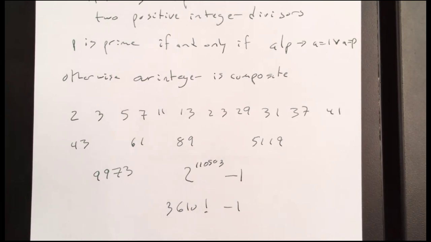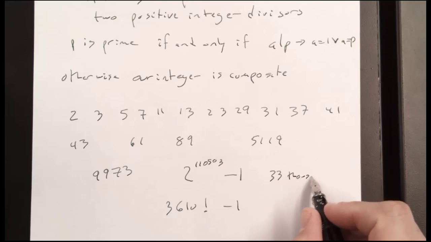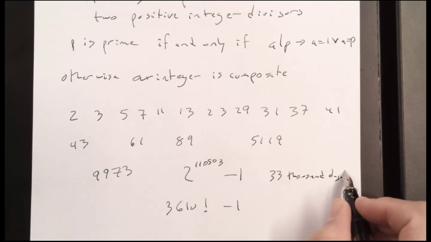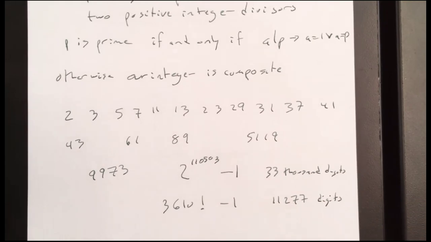Okay, for the record, this one is 33,000 digits long. This one is 11,000 digits long. Those are small prime numbers.